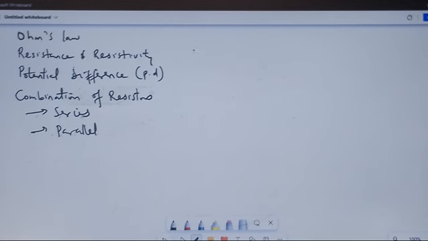So first and foremost, let's look at Ohm's Law. Ohm's Law gives you a relationship about the current flowing in a conductor, the resistance, and the potential.